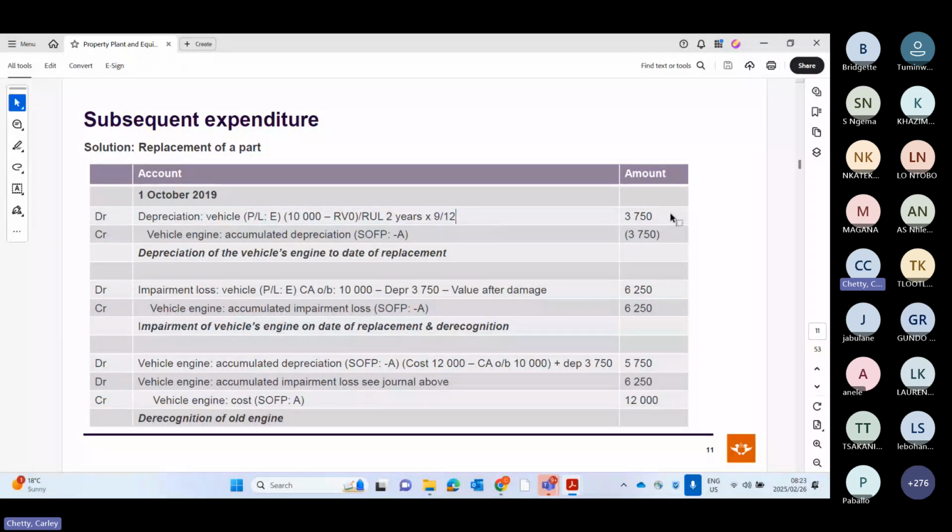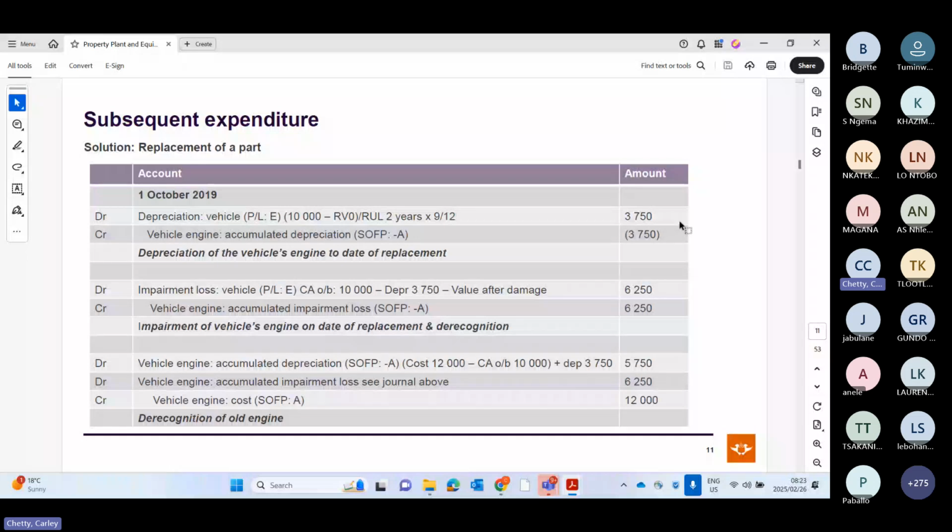We cannot depreciate this asset after it was scrapped; when we scrap it, we remove it from our accounting records. So we debit depreciation vehicles with 3,750, prorating the amount.